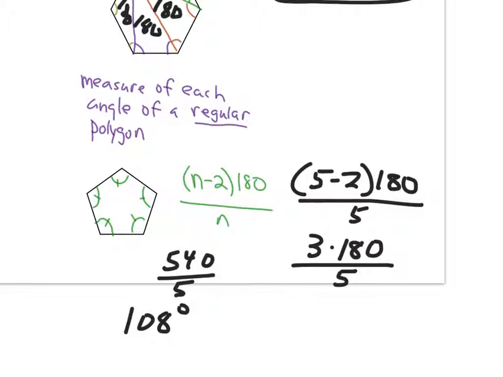That's what each of these angles will equal, 108 degrees for a regular pentagon in this case. But I can use that for any regular convex polygon to find what each angle of it is.